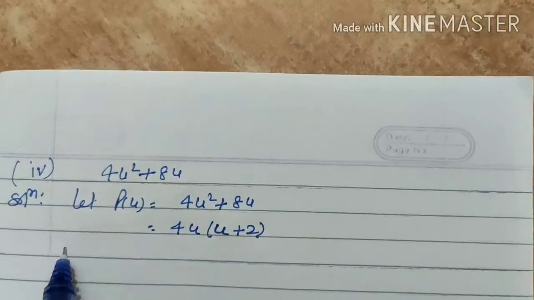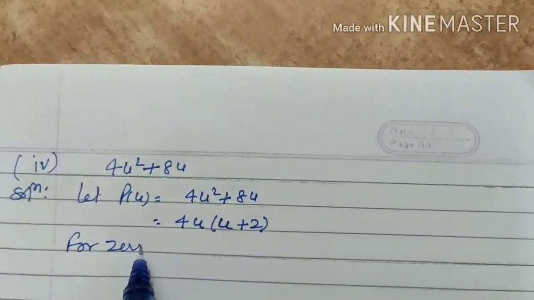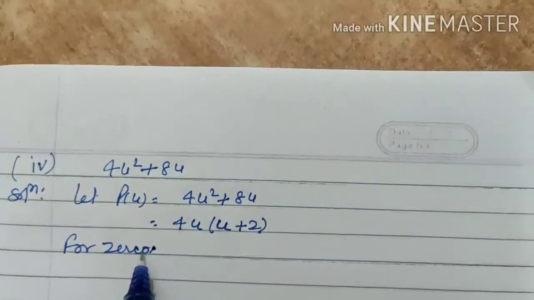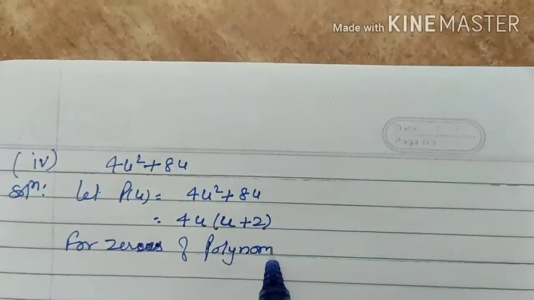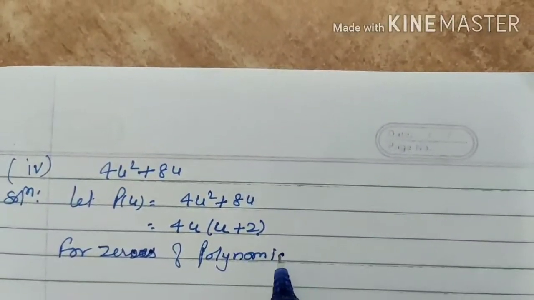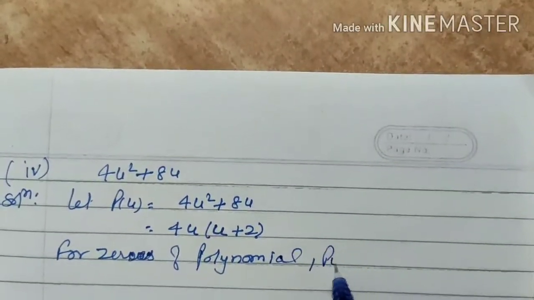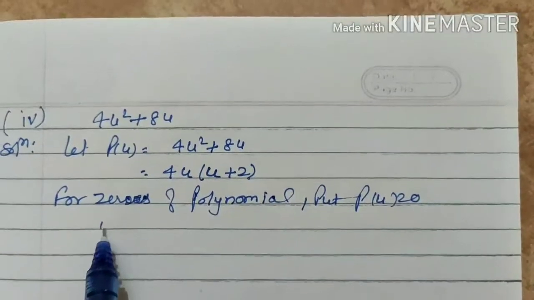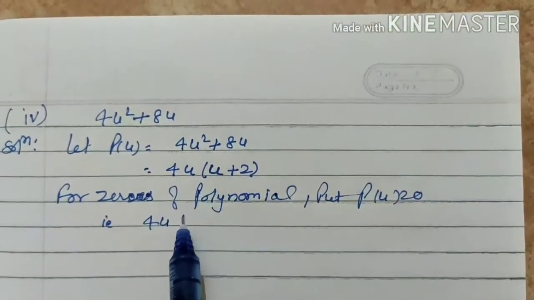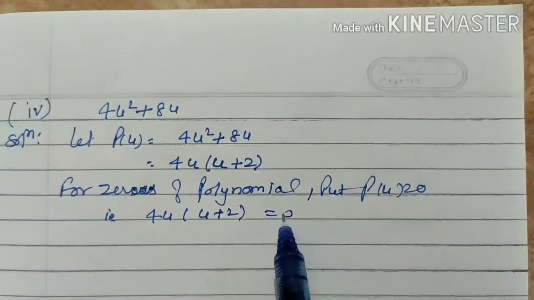So for zeros of the polynomial, put p(u) equals to 0. So that is 4 into u into u plus 2 equals to 0.